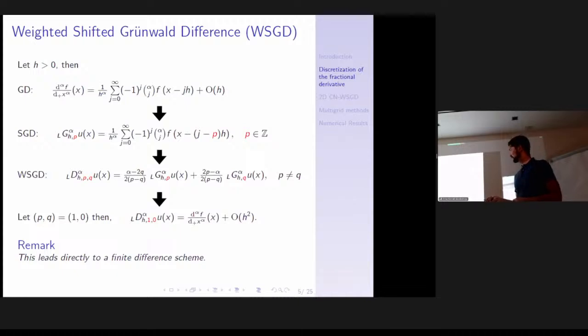By opportunely averaging two shifted Grünwald differences with two different shifting parameters, we obtain the weighted and shifted Grünwald difference, which is a second order approximation of the fractional derivative. And the form of the Grünwald difference directly leads to a finite difference scheme.